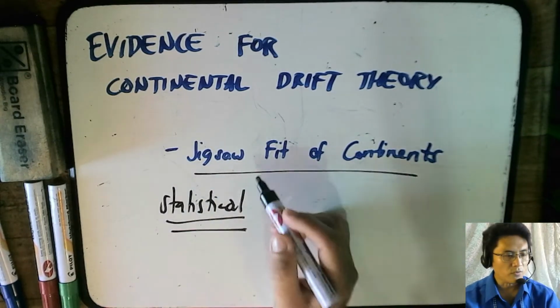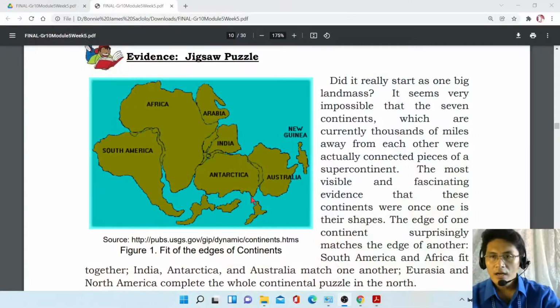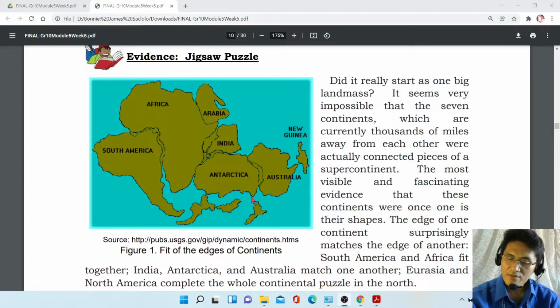In the case of the jigsaw fit of the continents, in math we have fractal theory, and that can give you a statistical way of calculating whether the edges of the continents fit because they were really once together, or whether this was just random chance because of some random property of edge formation of continents.